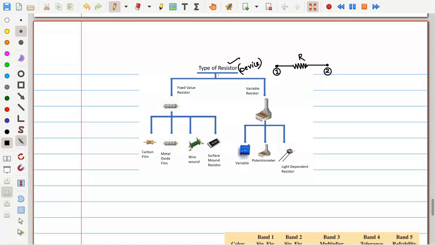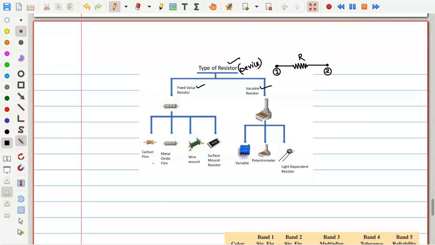Clear? So there are two categories of resistors we will observe in our labs. One is fixed value resistors, another is variable resistors. There are some applications where we need to vary the resistance slowly for our requirement, so there we use the variable resistor. And there are fixed resistors where, once we fix them into the circuit, we will not vary them. That remains till the end of the experiment.